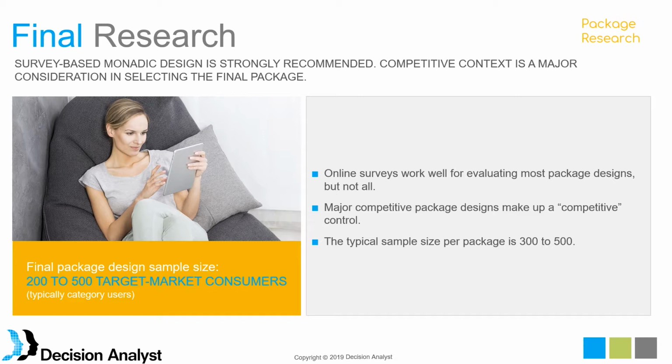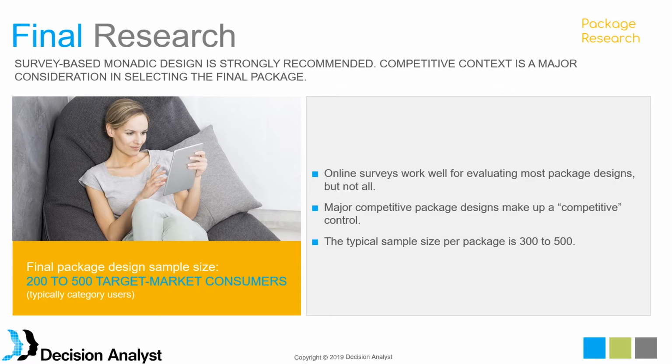Now, we would look at that package design first in the context of a competitive set of packages, but we would only have one test package in each cell of the research, and that's why we refer to it as a monadic design. And we would want to have the major competitive packages in the early stages of that research as a control or a competitive control.